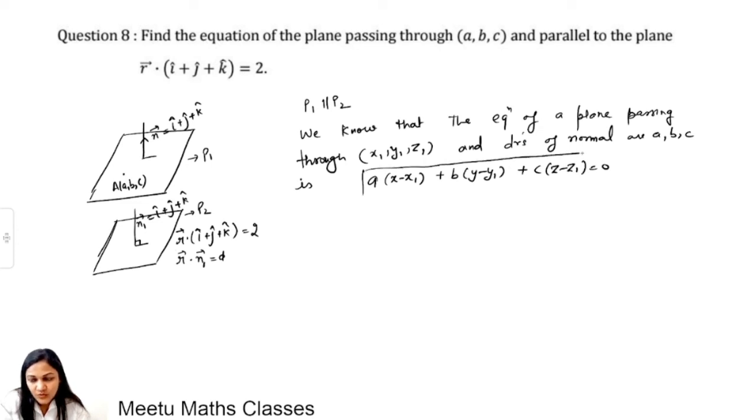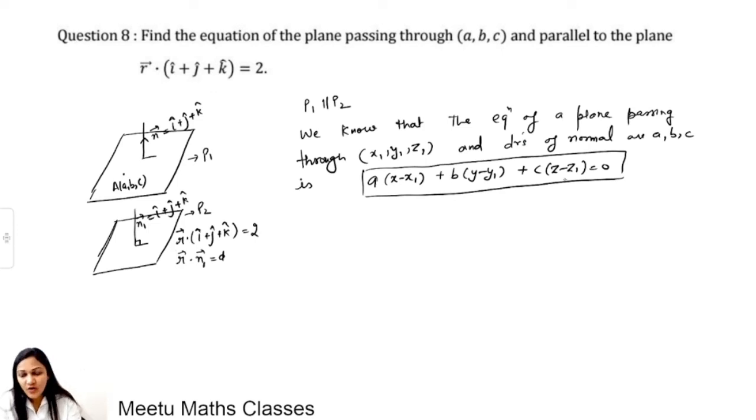Here a, b, c are the direction ratios of normal to the plane and x1, y1, z1 is a point from which your plane is passing through, and we are given both things.